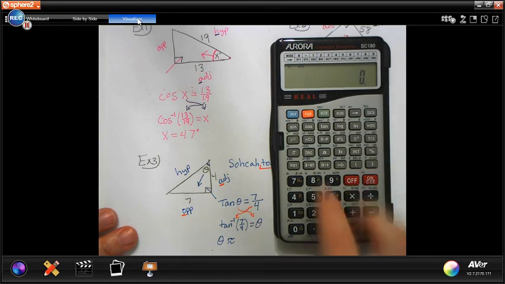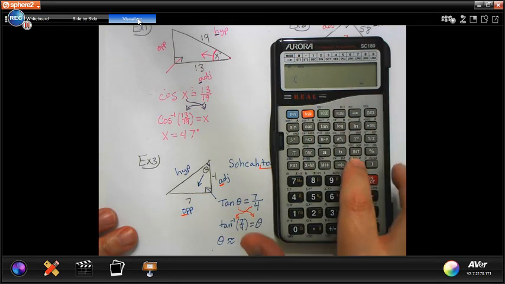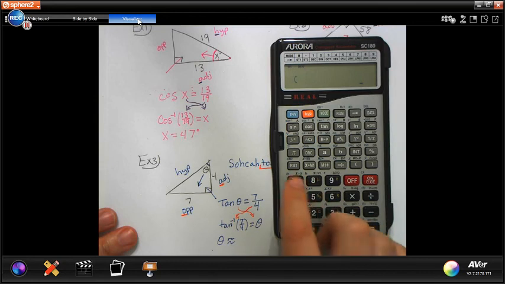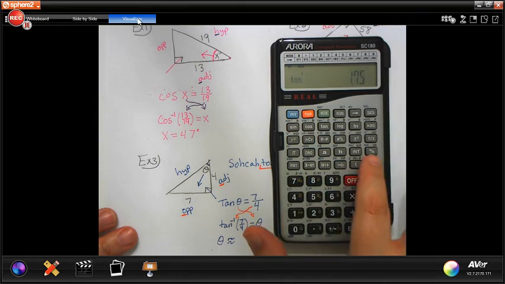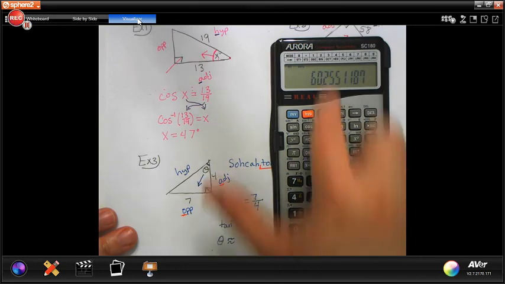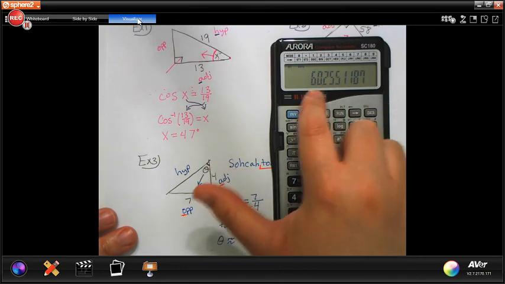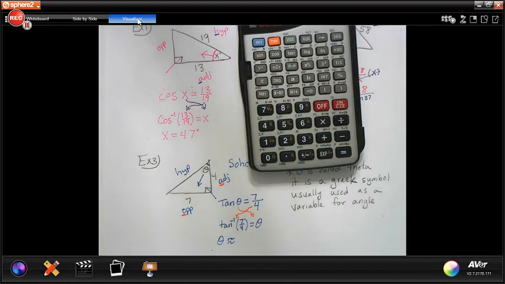Okay, inverse tangent, in parentheses, 7 divided by 4, close my parentheses. So I have inverse tangent of my decimal. Since we're finding an angle, we want the nearest whole number. 60.2 is closer to 60. So this is 60 degrees.